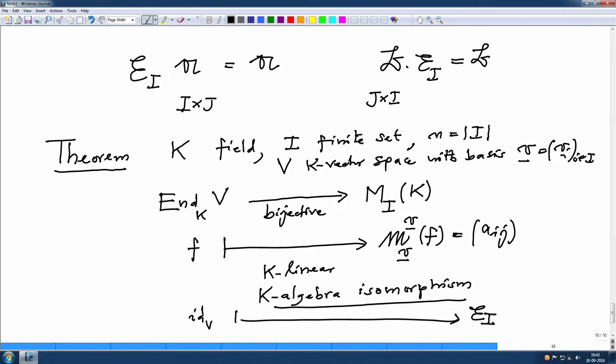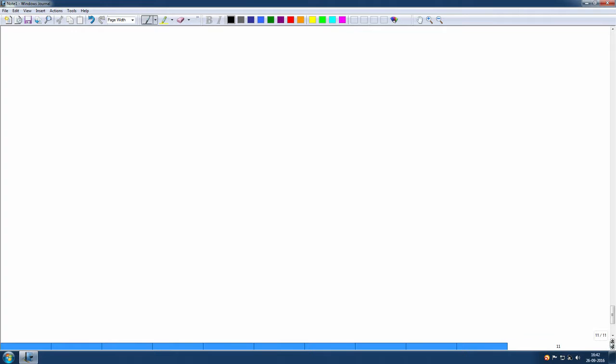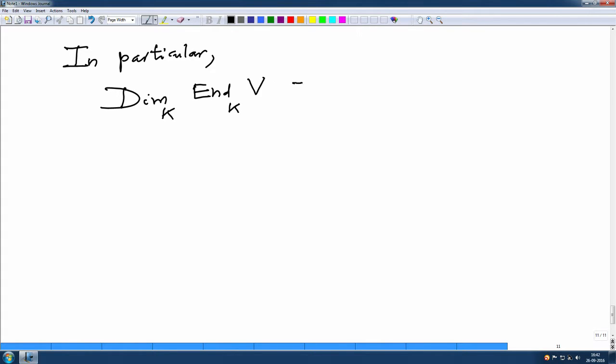In particular, their dimensions are the same. So in particular, the dimension of the endomorphism vector space equals the dimension of the matrix algebra.